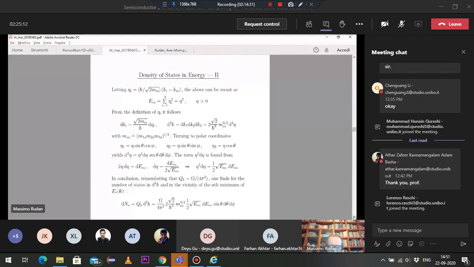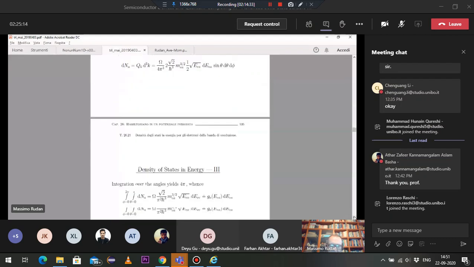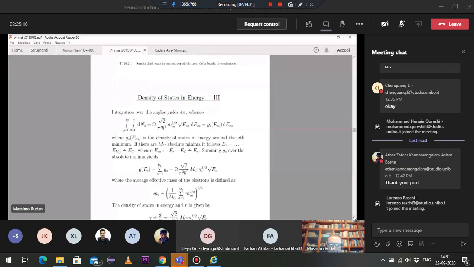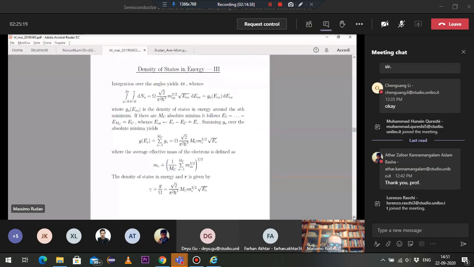It is not finished yet because in a semiconductor, we may have more than one minimum, okay? In silicon, we have 6. So this expression provides you with the density of states of the individual minimum of index A, okay? Now we have to sum over the minima, sorry, because this product is the number of states around this minimum.